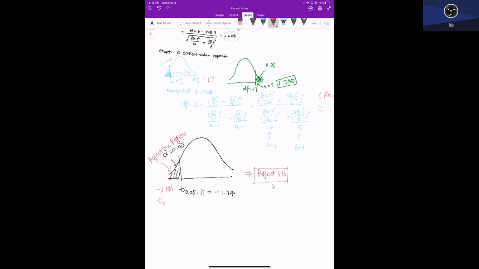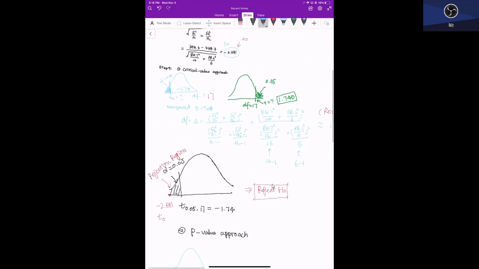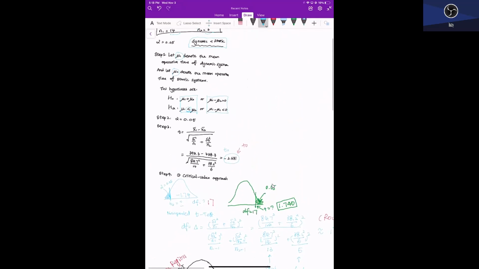We'll try another way, on the second, p-value approach. Similarly, on our draft, again we would have a left-tailed plot because this comes from our hypothesis test, right?